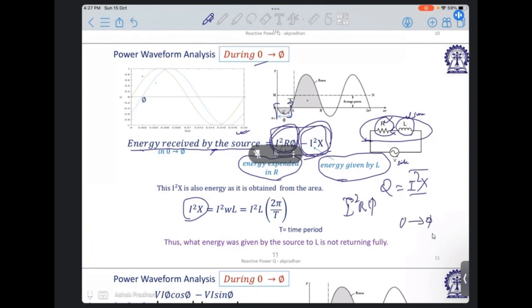Dividing this energy by pi gives the average power, the rate of energy associated with r, which equals I square r. So within that small period 0 to pi, the average power consumption by r is I square r also. The rest is associated with the reactance.